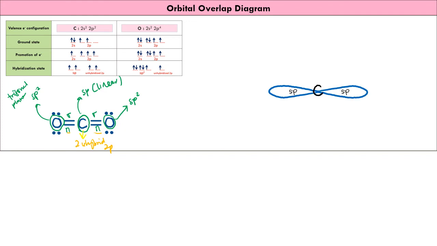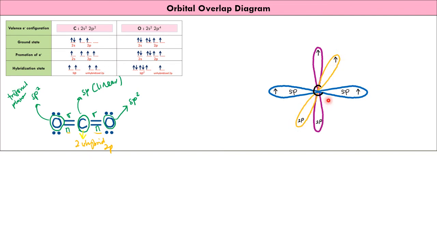Label the carbon sp, and put in your electrons, a single electron at each lobe. Then, remember there are 2 unhybridized 2p orbitals. So one I will draw vertical and the other one I will draw like this. Label 2p, 2p, single electron. The 2p orbitals must have different orientations.